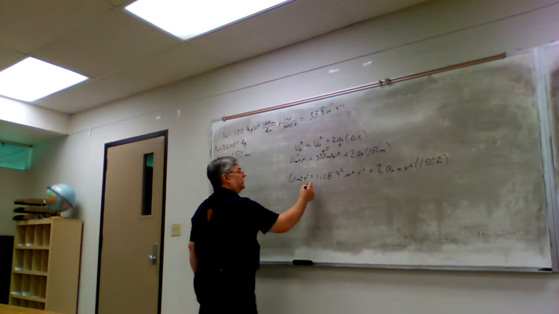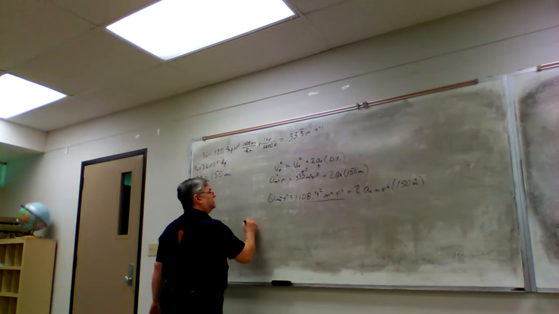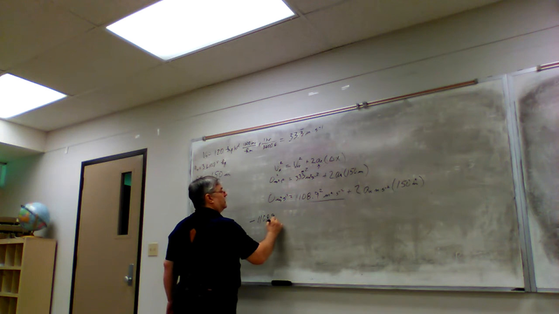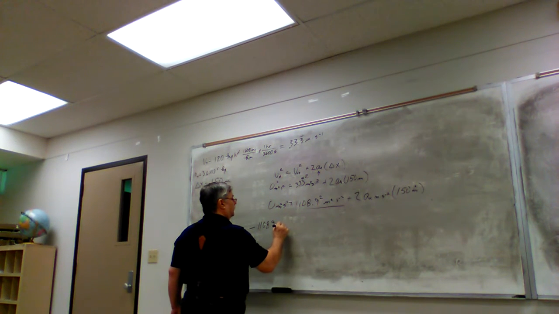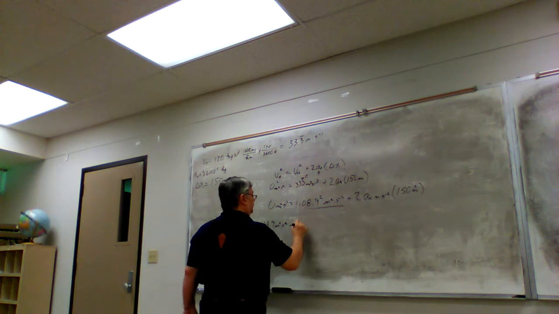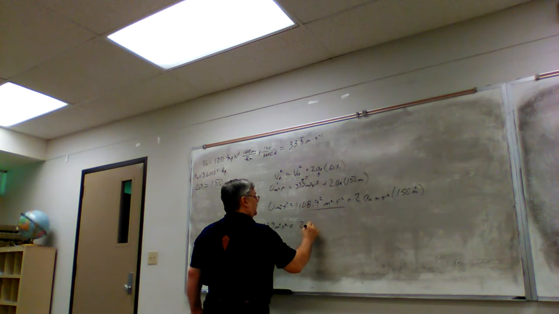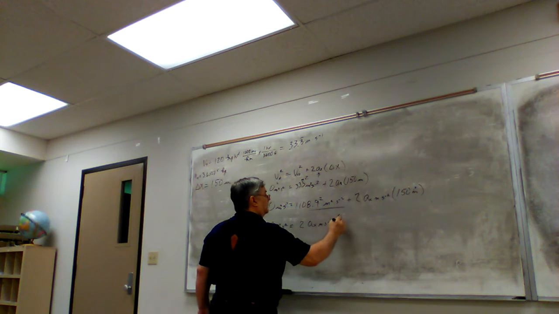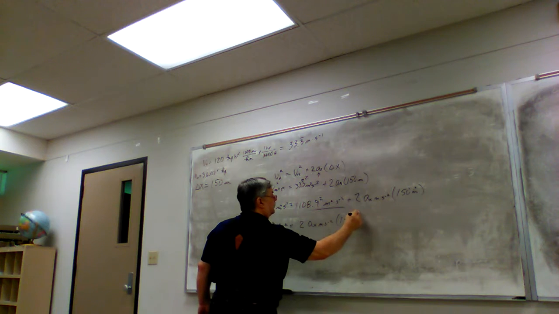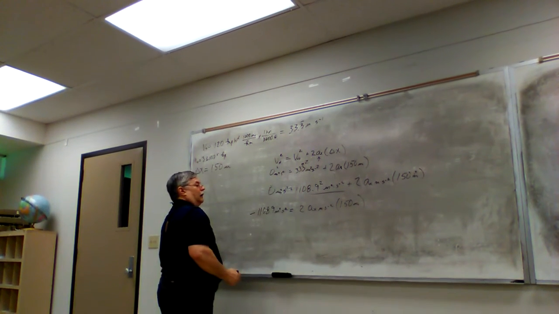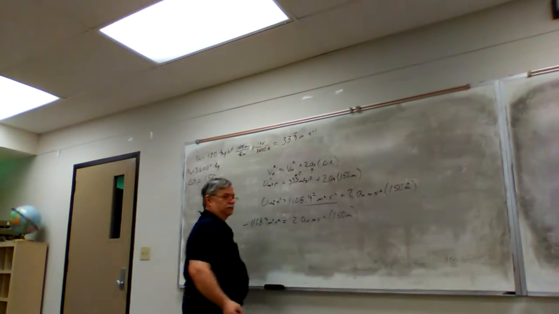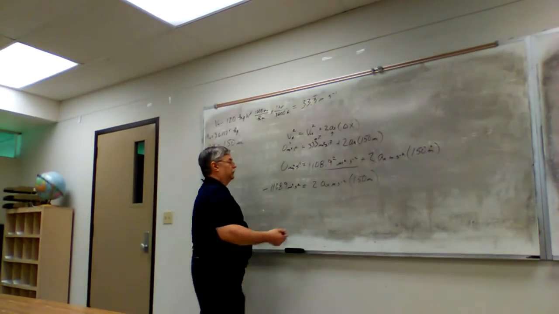So we subtract the 1108.9 from both sides, and we get minus 1108.9 meters squared per second squared is equal to 2 times a sub x meters per second squared times 150 meters. Double checking our units, meters per second squared times meters gives us meters squared per second squared, so we're good.